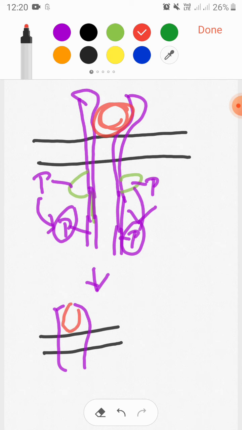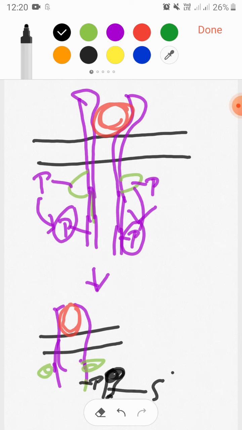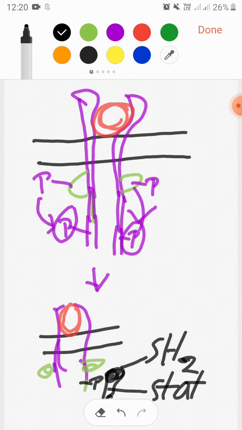Here is the bind, here is the P. These are the JAK and the phosphotyrosine molecule, for example here, and here the molecule called STAT binds. This STAT molecule has an SH2 domain, or Src homology domain, through which it binds with the receptor. Here it binds.